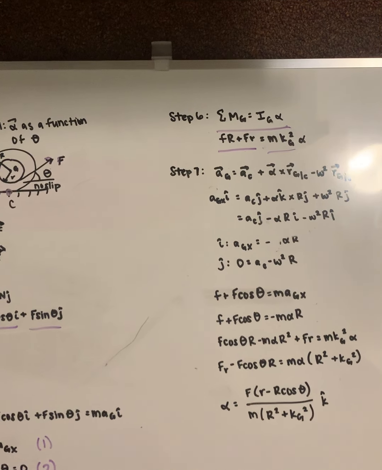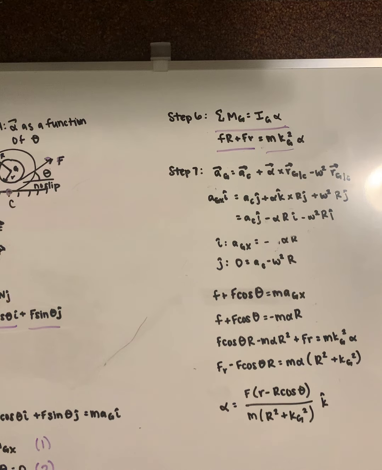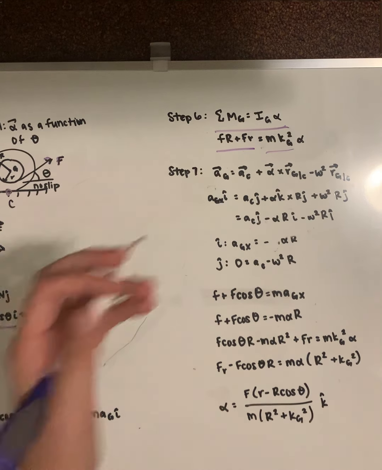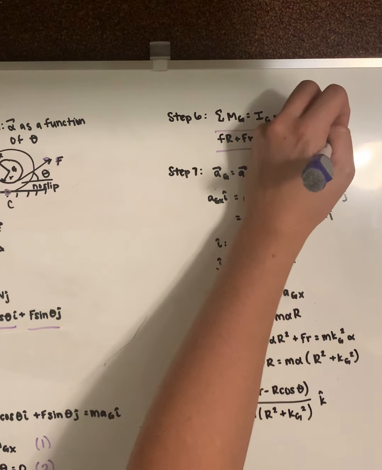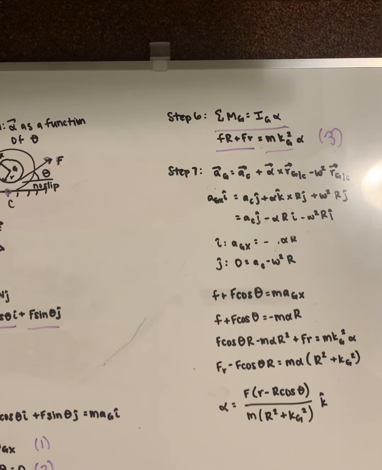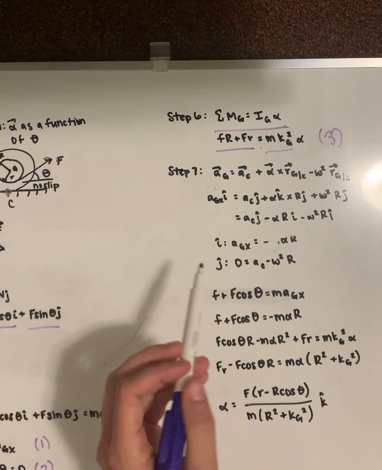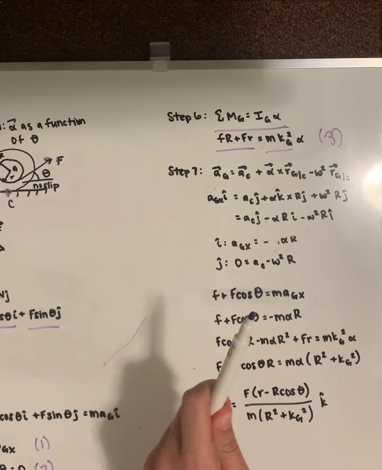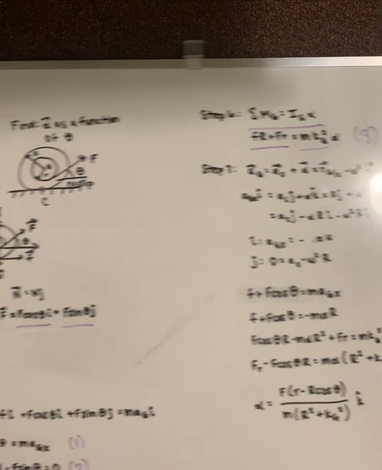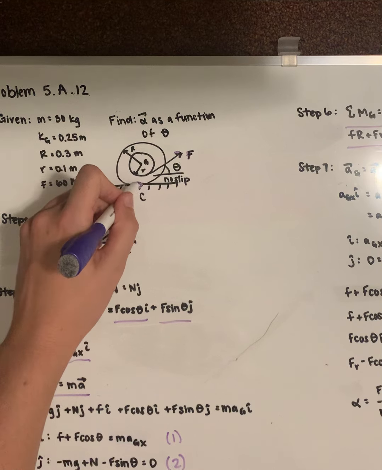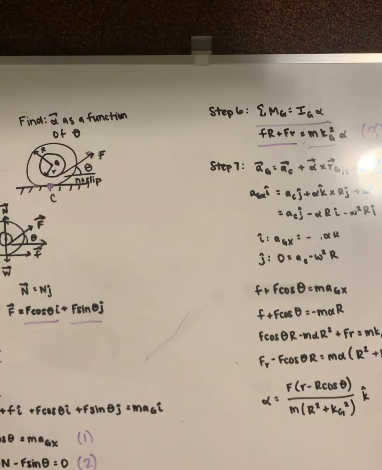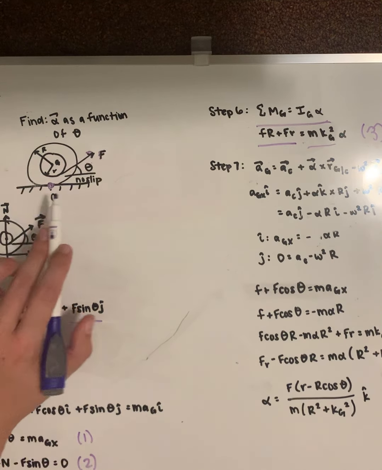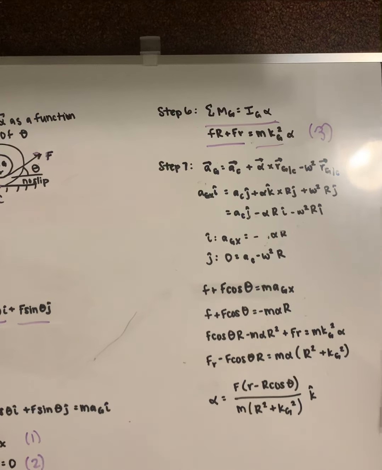After that, we have to plug in some equations from past chapters because we have so many unknowns in equations 1, 2, and 3 here. So I did the acceleration at the center of gravity compared to the acceleration at the place where the disk touches the surface right here, where we know that the velocity is 0 and the acceleration is towards the center of gravity, so straight upwards.